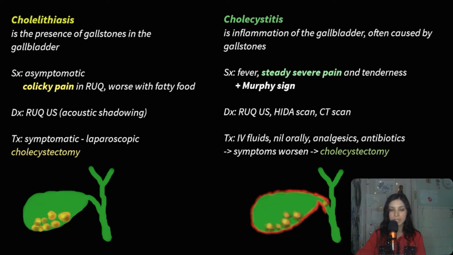And treatment: management includes IV fluids and nothing by mouth, also analgesics and opiates to relieve pain, and of course an intensive course of antibiotics. And next you just monitor this patient, and if you see that symptoms worsen, it means that the next step will be cholecystectomy.